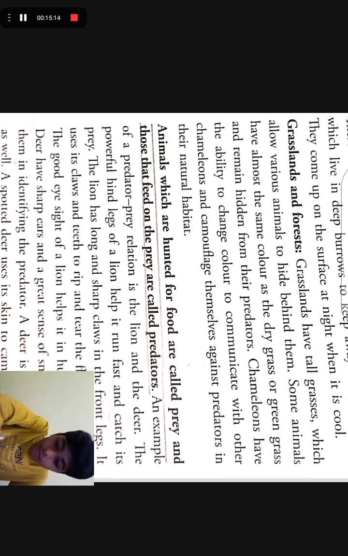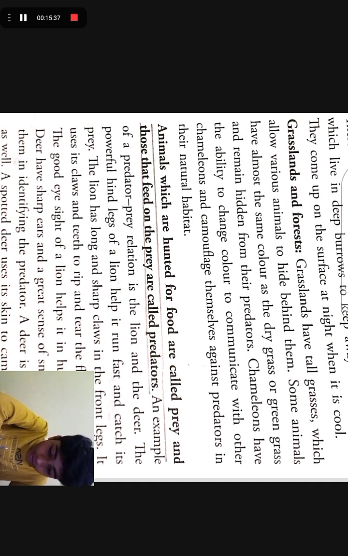Okay. So animals which are hunted for food are called prey, and those that feed on the prey are known as predators. An example of the prey and predator relation is the lion and the deer. The powerful hind legs of the lion help it to run fast and catch its prey.